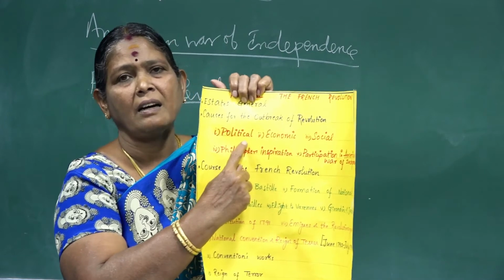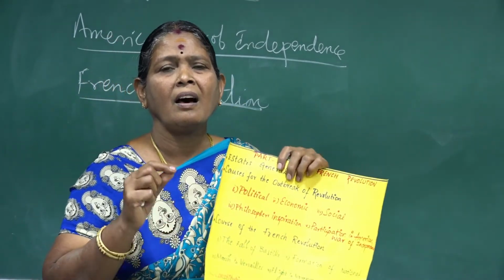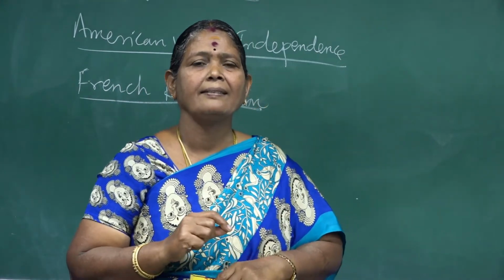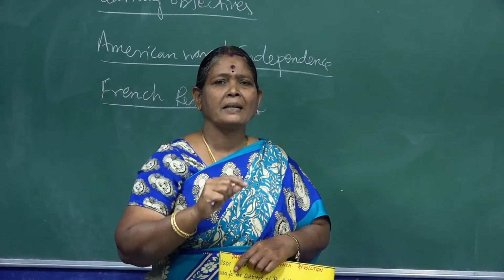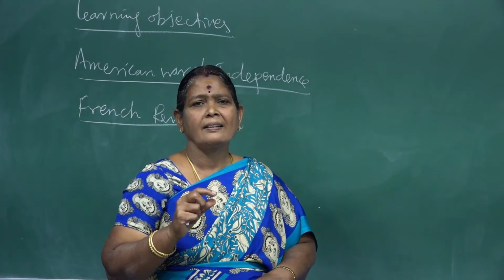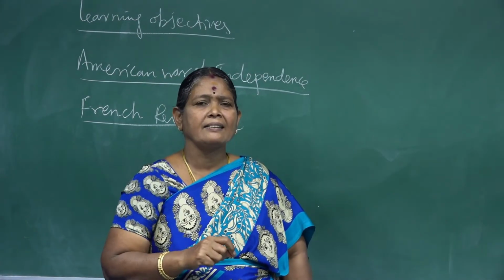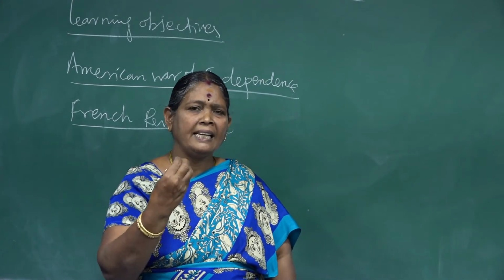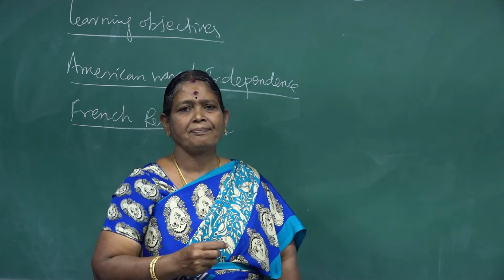One, political causes. Politically, how did the people get dissatisfied? Louis XV was succeeded by Louis XVI, who ruled the region nearly 59 years, and did not learn any lesson from the revolution which occurred in England.